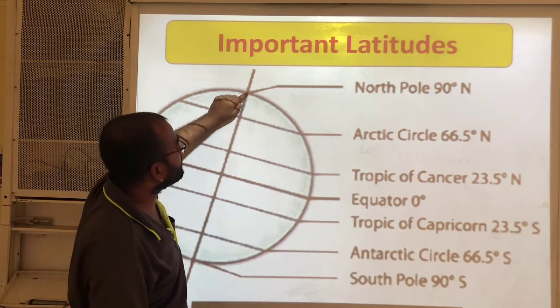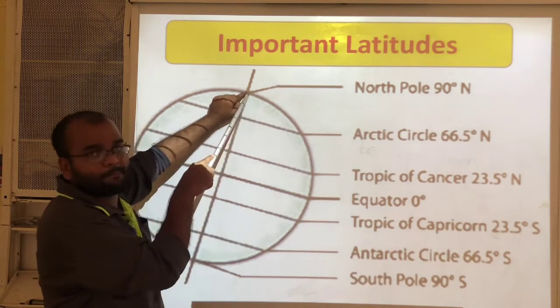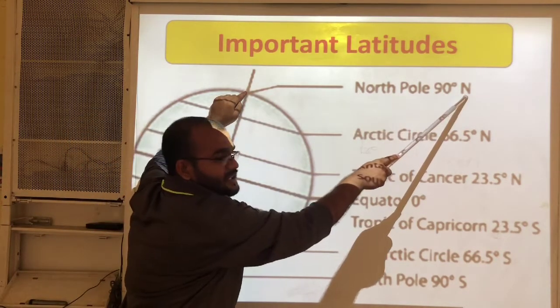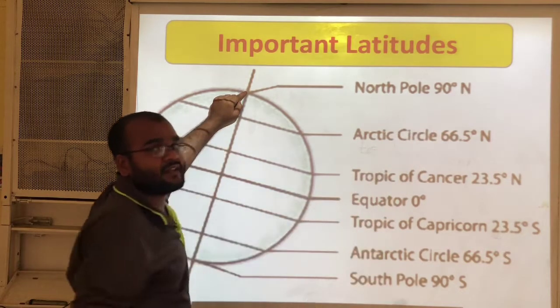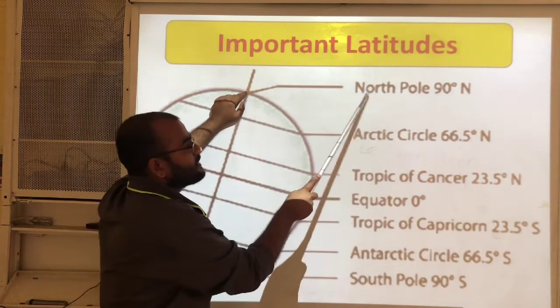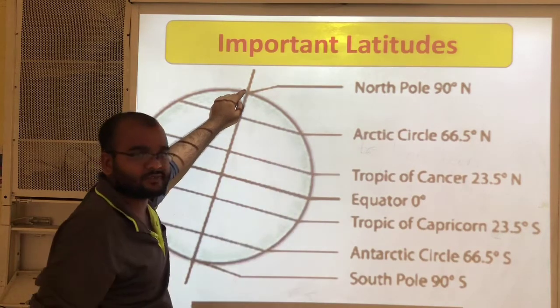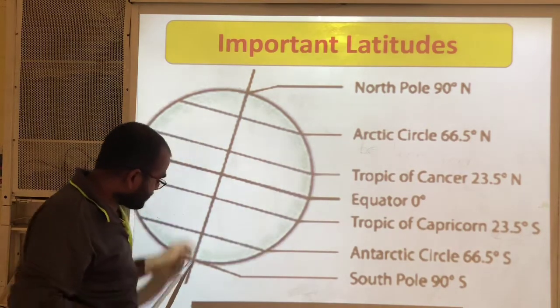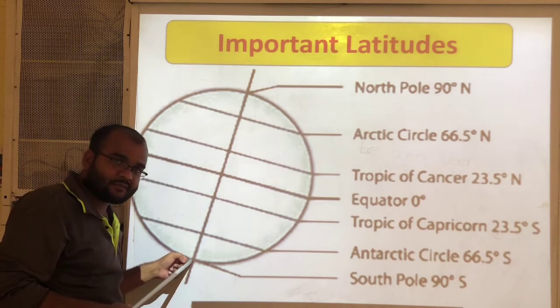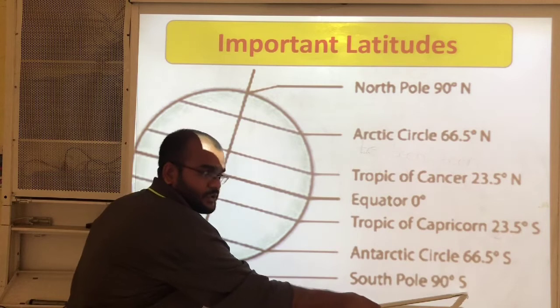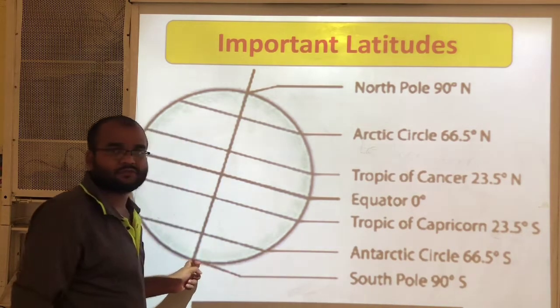Next, the point at the top portion is 90 degrees north latitude. This is called the North Pole, because it is present in the north side. This south side is 90 degrees south latitude. It is called the South Pole.